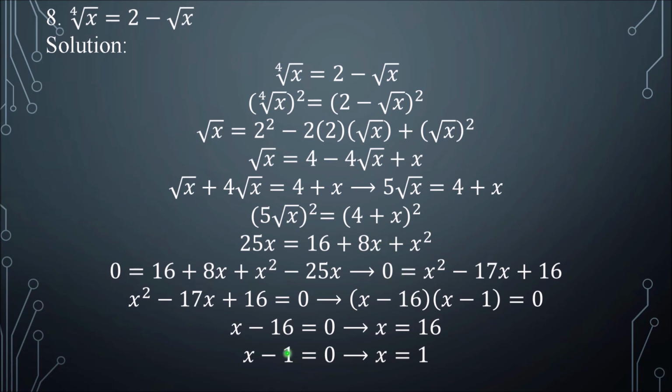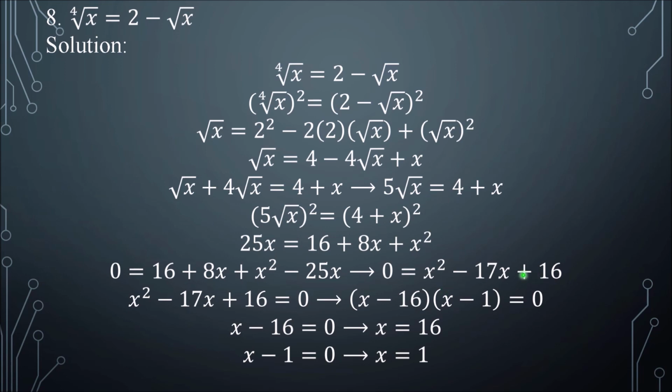Now, combine similar terms, transfer 25x to the other side, so that will be 0 is equal to 16 plus 8x plus x squared minus 25x. As a result, we have 0 is equal to x squared minus 17x plus 16. So negative 17x came from 8x minus 25x.